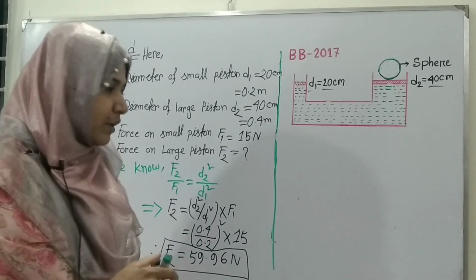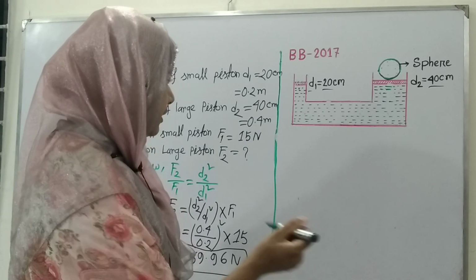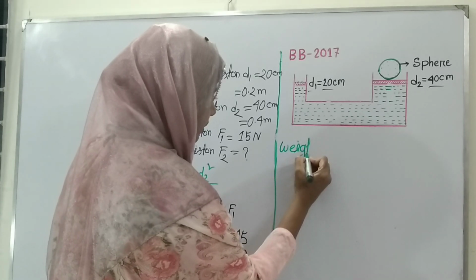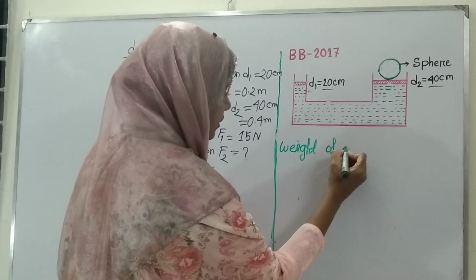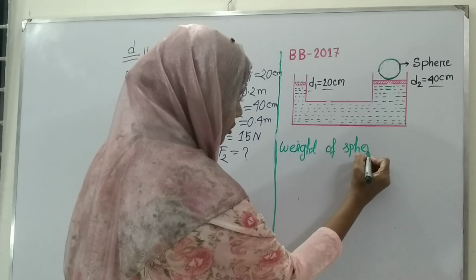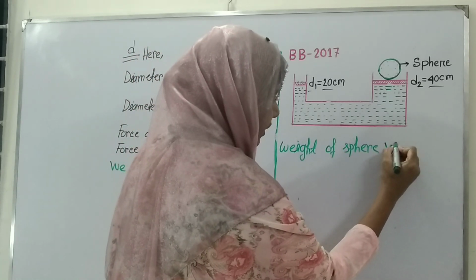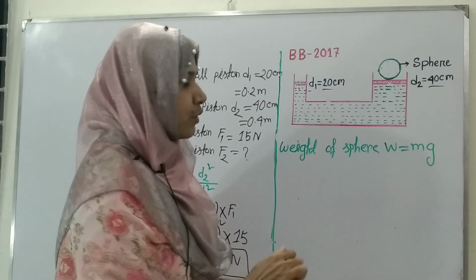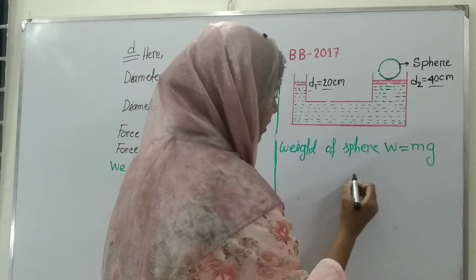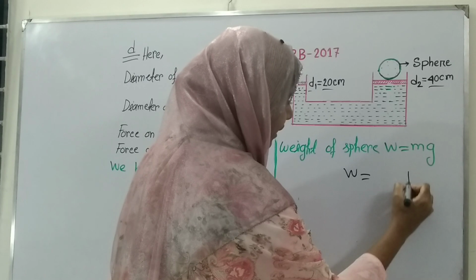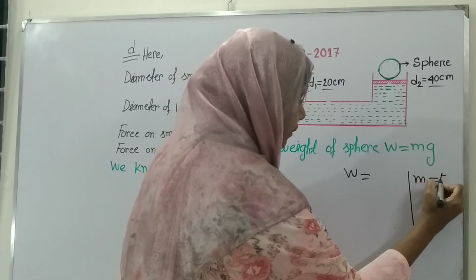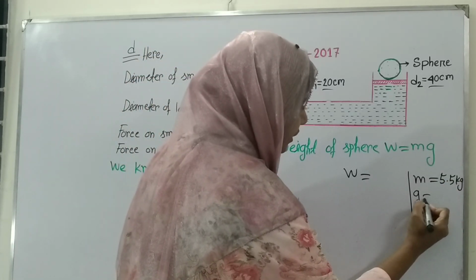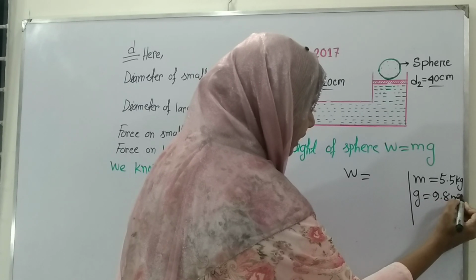Now we have to calculate the weight of that sphere. That means the weight of the sphere, W equals mg. From question number C we get the value of m equals 5.5 kg, and the value of g we know is 9.8 meter per second square.